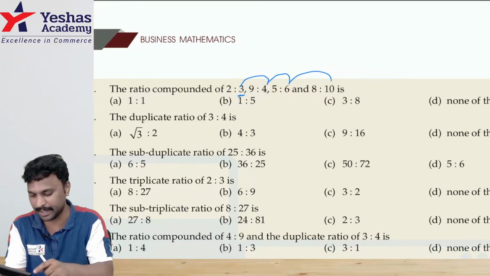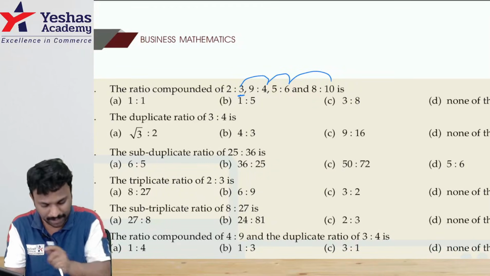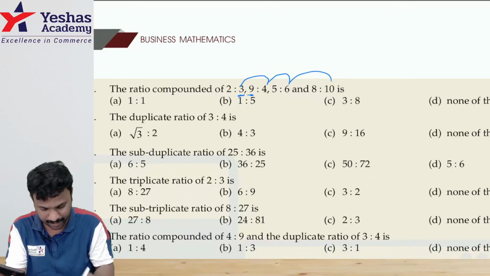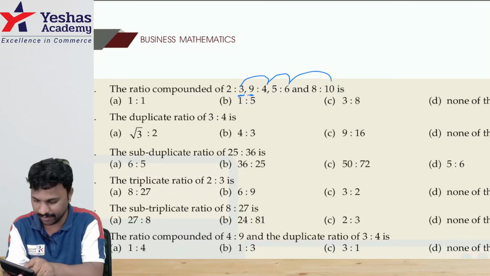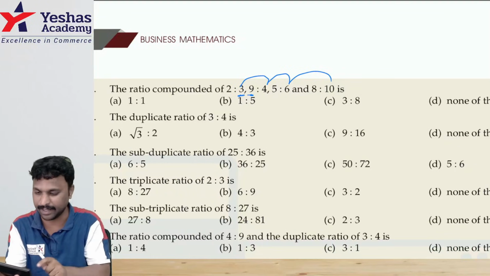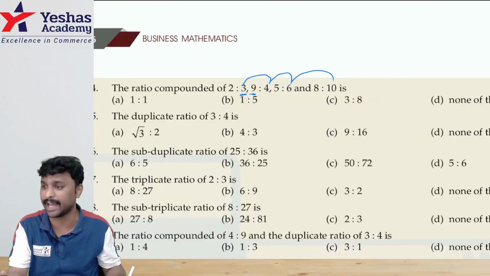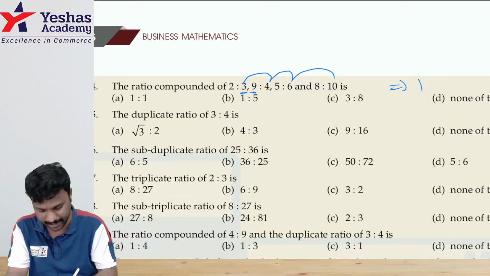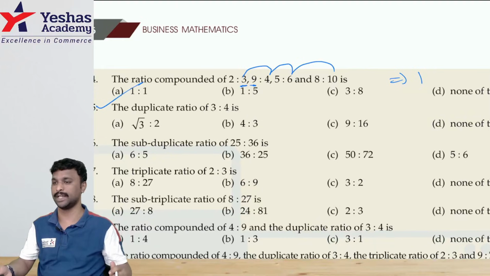Then take the reciprocal of it, divide equal, then multiply with all the first terms, that means into 2 into 9 into 5 into 8, and the result will be 0.9999. That means it is equal to 1. So which option is correct? It is option A. The first option is the right answer.